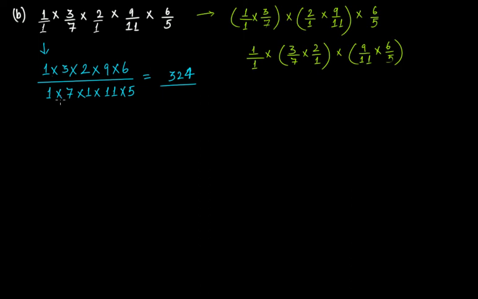Then 7 times 1 is 7, times 11 is 77, 77 times 5 is 385. Right? So this is the answer for this one.